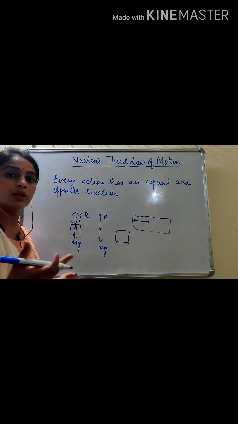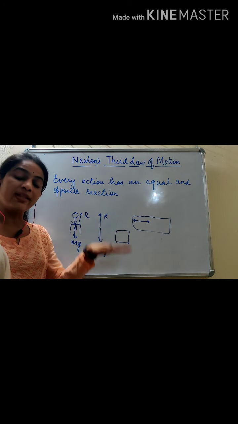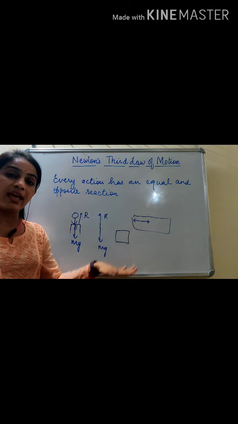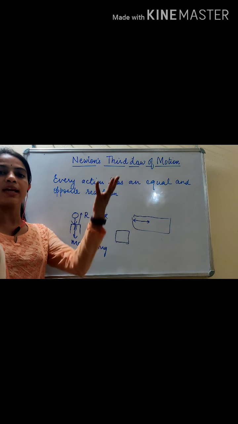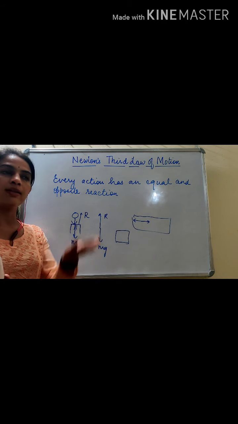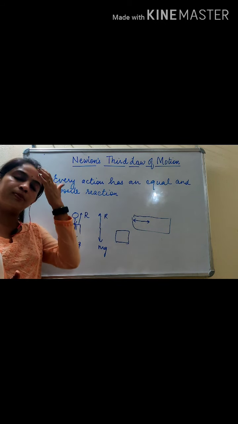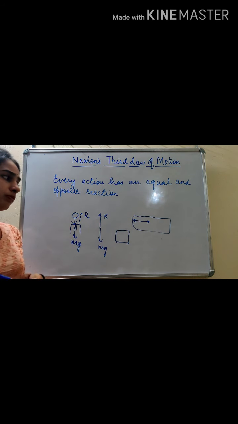Similarly, the birds flying in the sky, when they flap their wings, exert a downward force, and the wind exerts an equal and opposite upward force, which is why they are able to stay in air and fly easily. So these are a few examples of Newton's third law of motion.